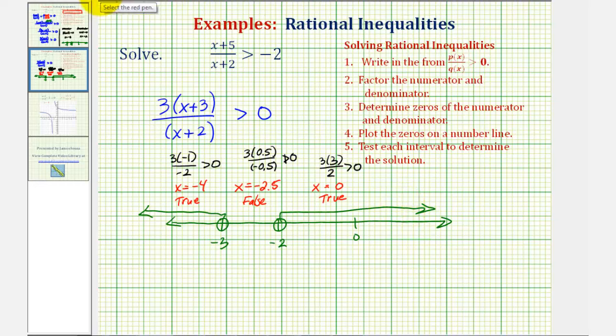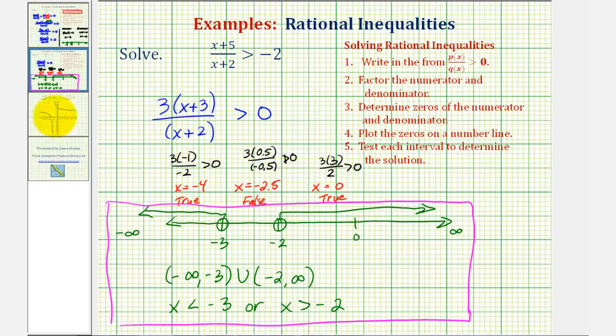If we wanted to use interval notation, we'd approach negative infinity to the left, positive infinity to the right, and therefore using interval notation, this would be the open interval from negative infinity to negative 3 union the open interval from negative 2 to positive infinity. Or if we wanted to use inequalities, we could say when x is less than negative 3 or when x is greater than negative 2.